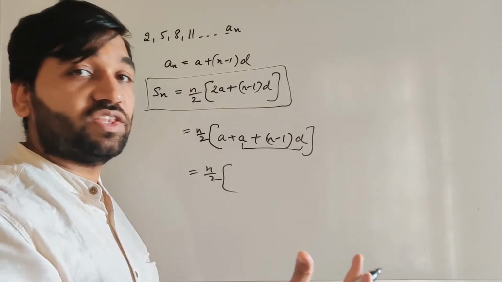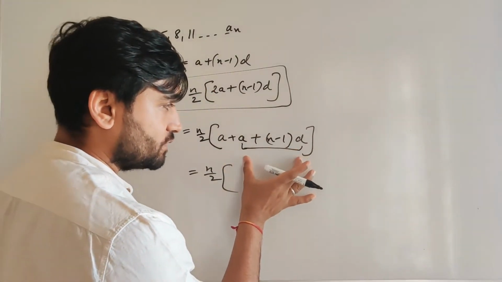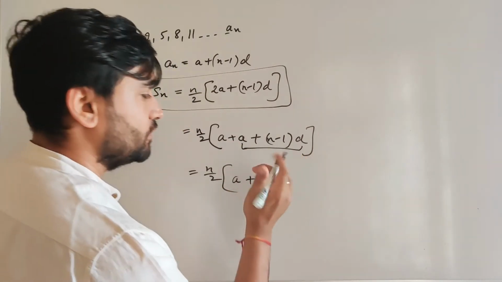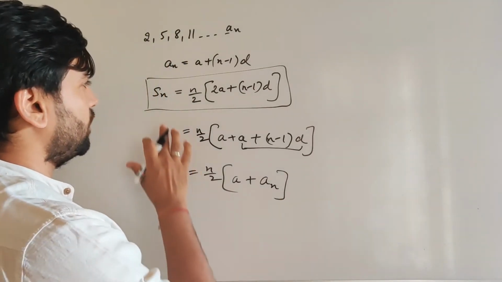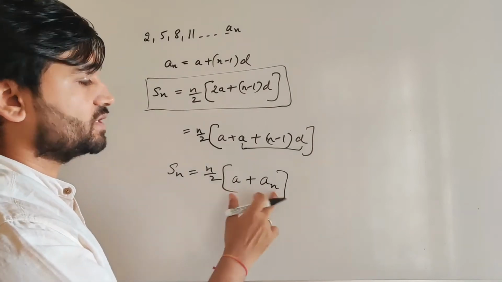That is the formula for nth term of an AP. If you remember, an is a plus (n minus 1) into d. So this a remains the same, and this value we are going to replace with an. Okay, so the formula Sn becomes n by 2 (a plus an).